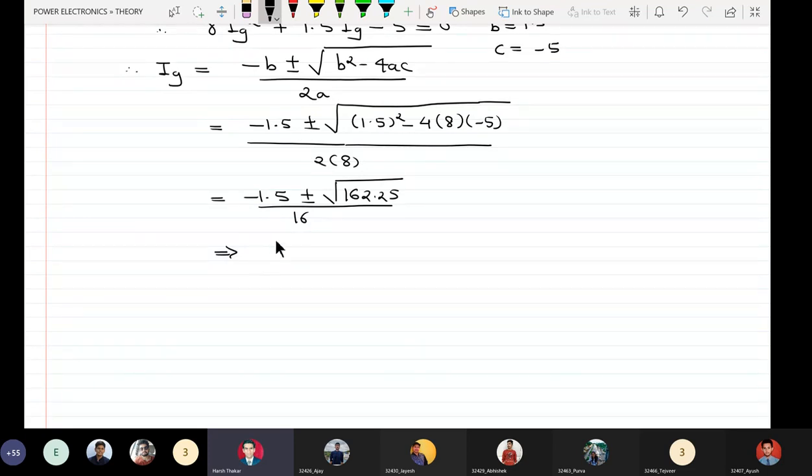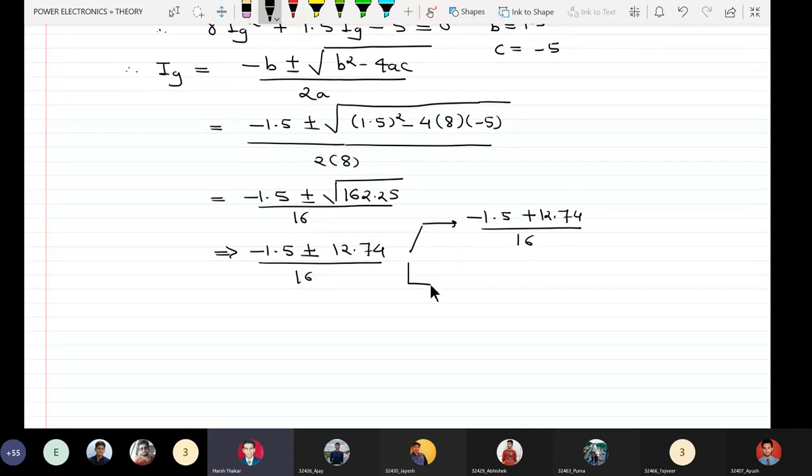So it's equal to minus 1.5 plus or minus 12.74 on 16.